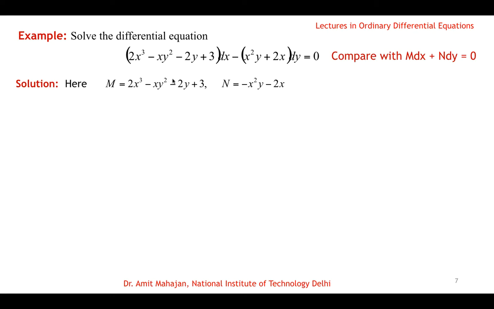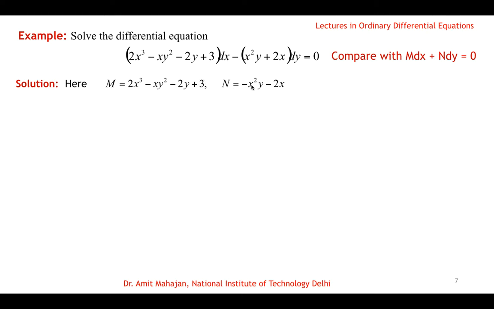So you can write what is m and n, then you can calculate m derivative y and n derivative x. That is very simple. Partial derivative of m with y: this quantity becomes 0, this will become minus 2xy, this will be minus 2, and the constant derivative is 0.